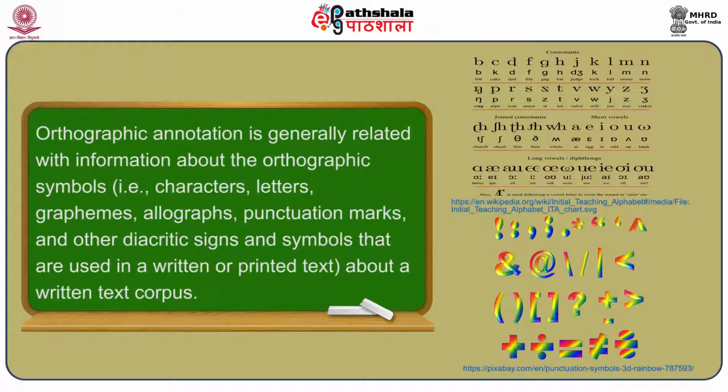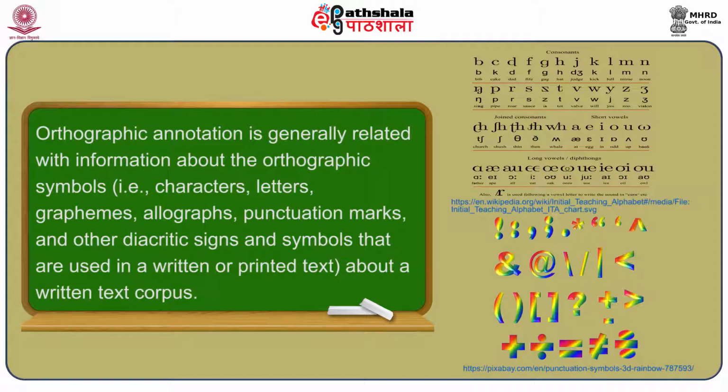Now the first point we need to take care of is, if we take a written text, what orthographic symbols can be found here? We know that there are characters.